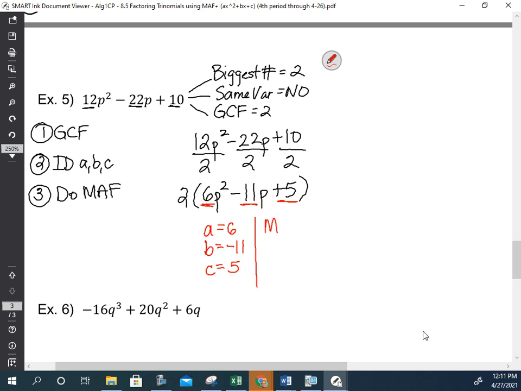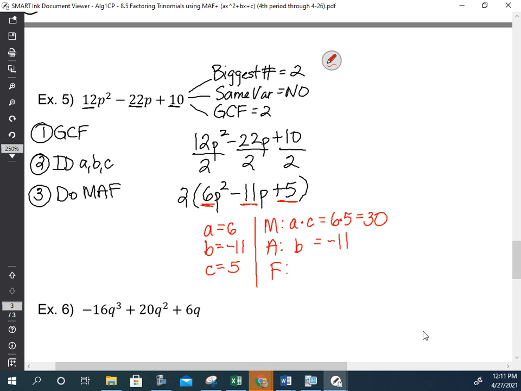So the M, you take A and C, multiply together. What's 6 times 5? 30. B is the middle number, so that's negative 11.